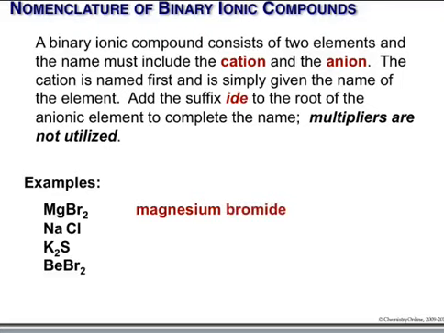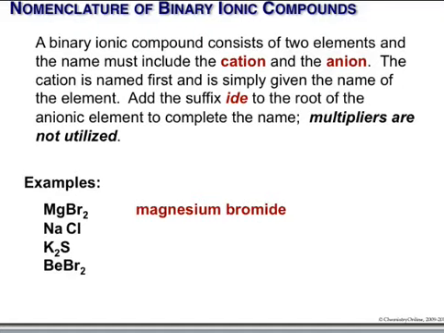Now note we do not use multipliers. Now that's good news and bad news. The good news is you don't have to worry about multipliers, do you? You simply look at this and say, oh, magnesium bromide. That's it.